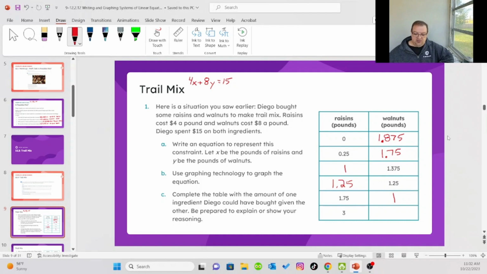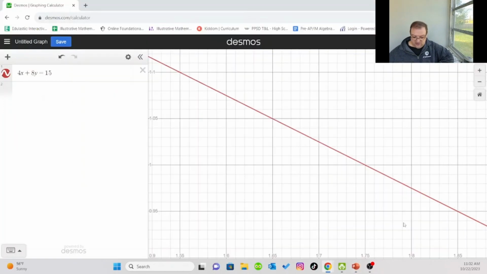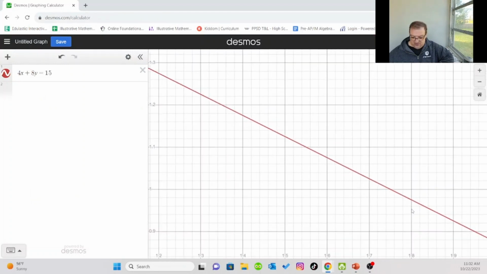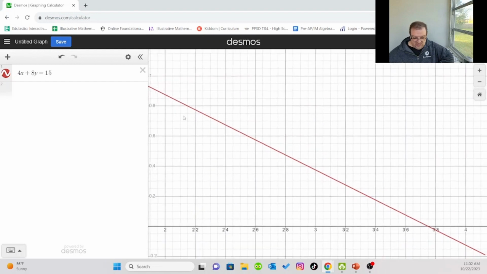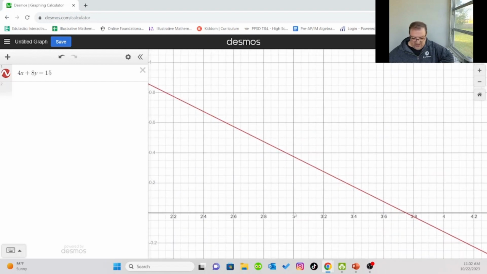And finally, what if we say our x value is 3? Scroll out to make this a little bit easier to move around. Now I want to look for an x value of 3.